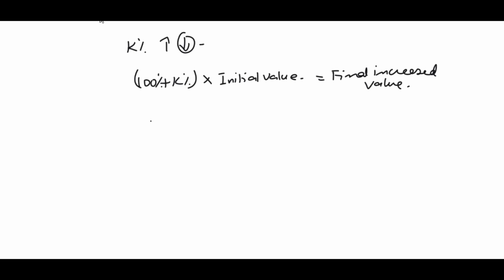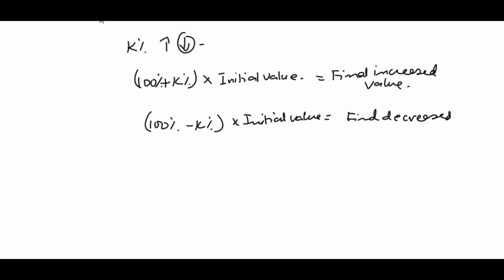Similarly, 100% minus k% multiplied by the initial value gives the final decreased value. Once we are given the values, it is pretty easy, but when we are not given the values, it becomes difficult.